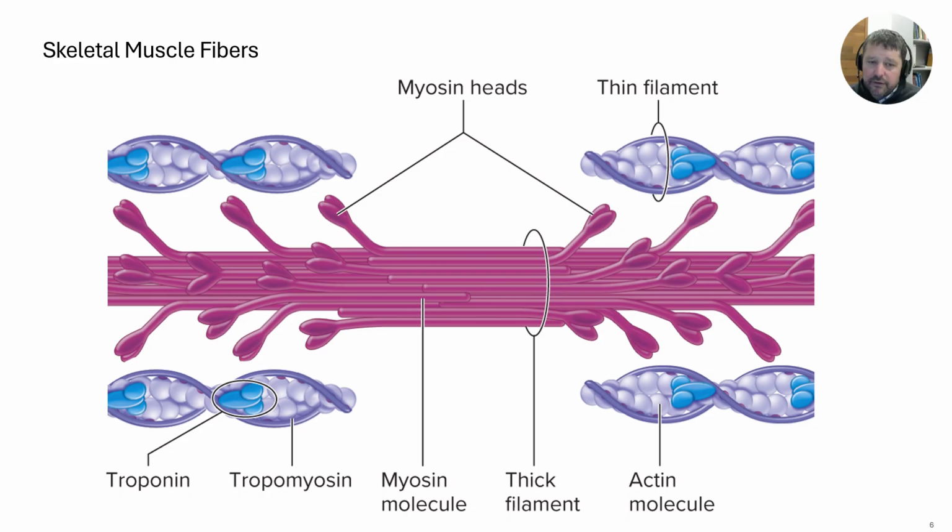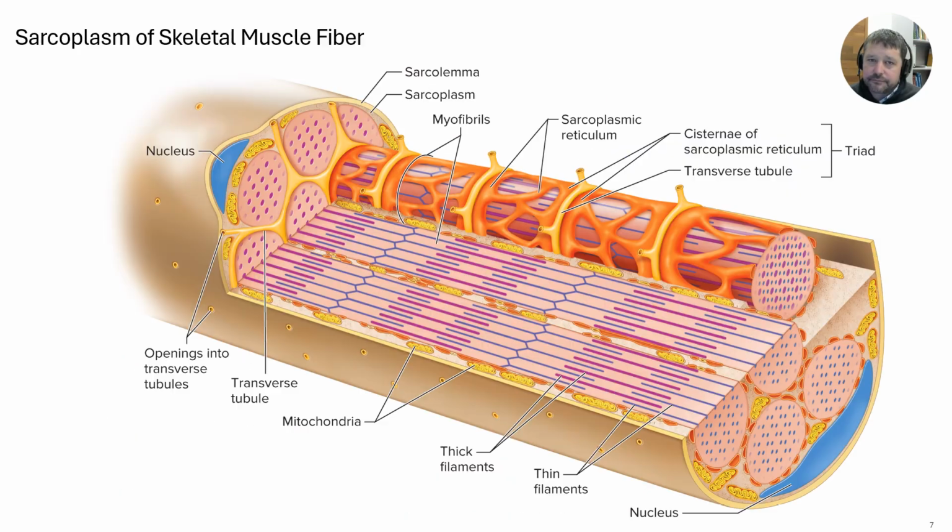The troponin is going to bind to that, and together they solidify and make it so the myosin heads can't bind with those receptors on the actin molecule. So we need to change the shape of this so it opens up, and that's where calcium really comes in.